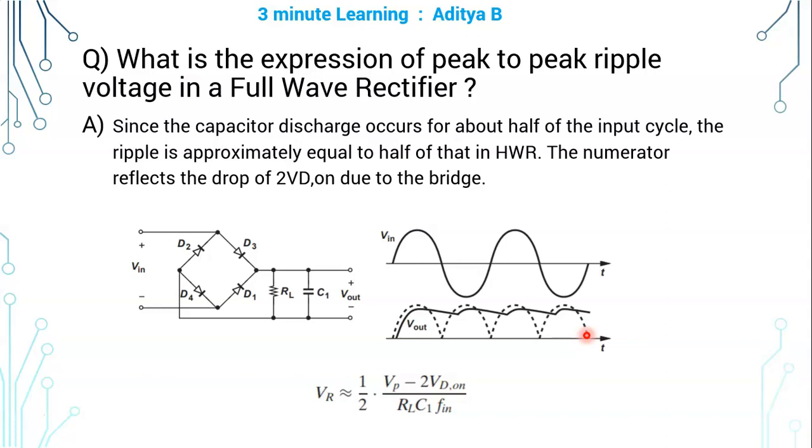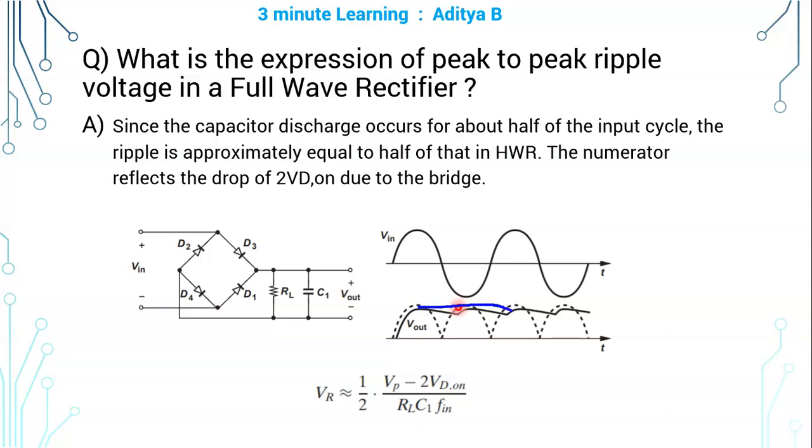In case of half wave rectifier, the time period of the discharging of the output capacitor or the smoothing capacitor is T in, because it starts discharging from this point and it keeps on discharging till the positive peak in the next half cycle, that is still here.